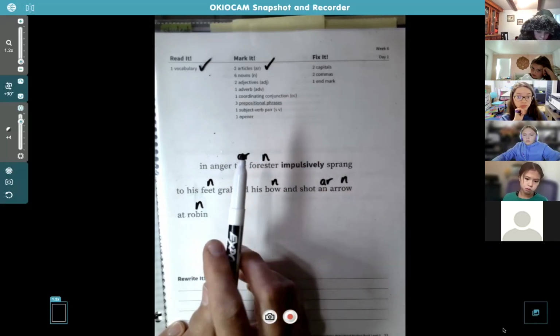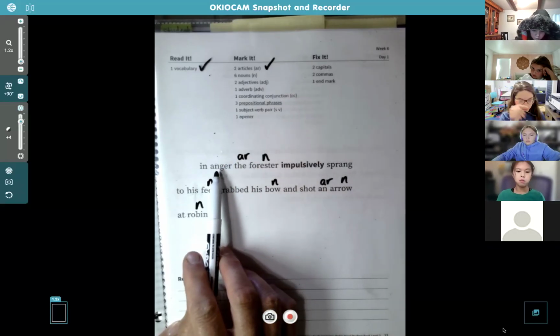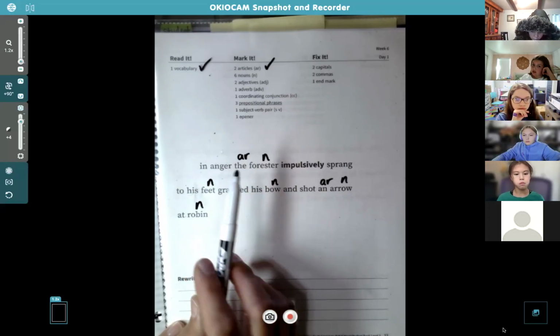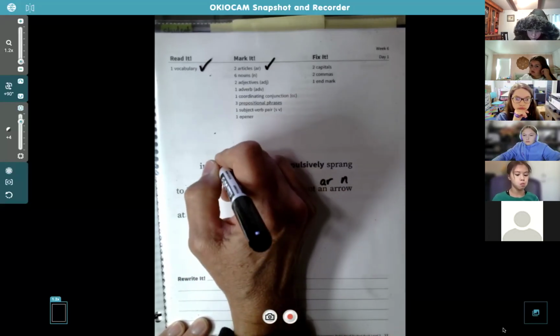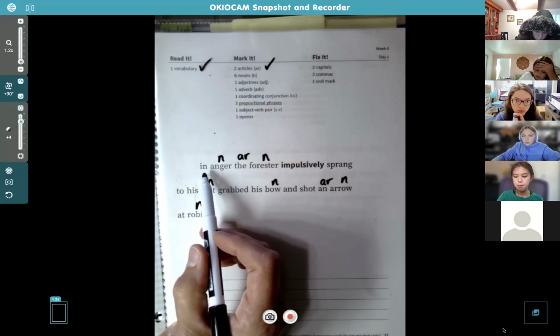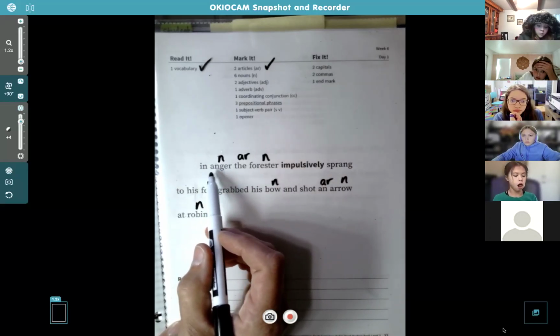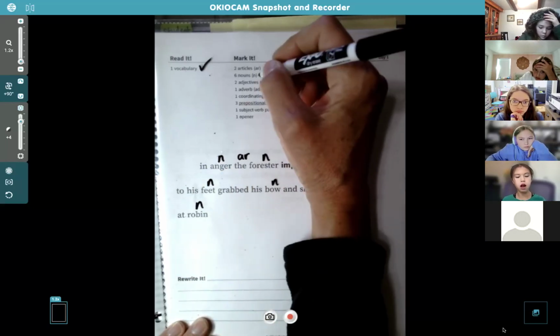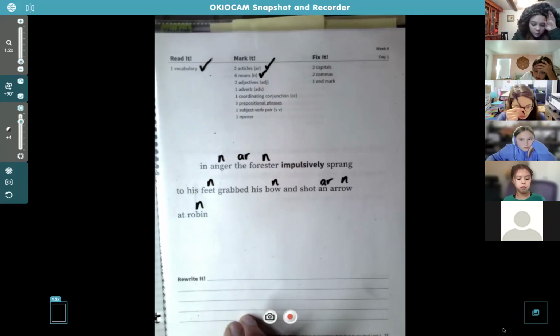So it's actually right here in anger. That's a tricky one because normally we think of anger as an adjective, right? Angry. But this is a noun because we have the word in, and in is a preposition. So that's how we know this is a noun in anger. It's a prepositional phrase there.